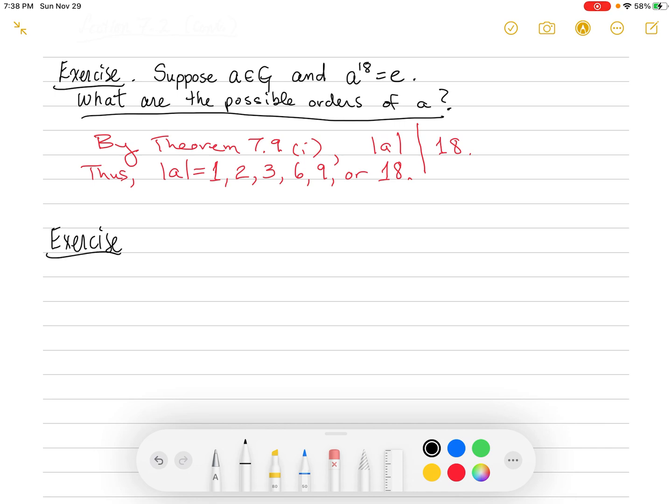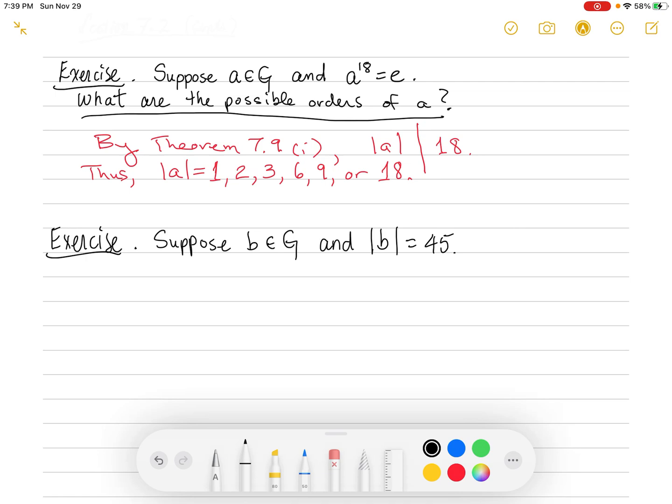Here's another exercise. This one says, suppose B is an element of a group G, and the order of B is 45.